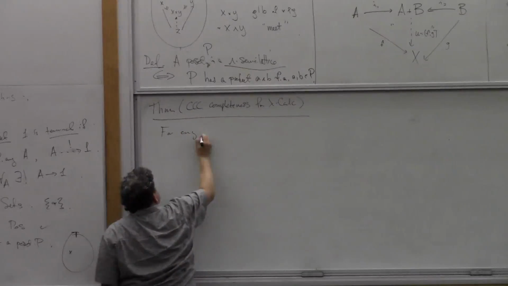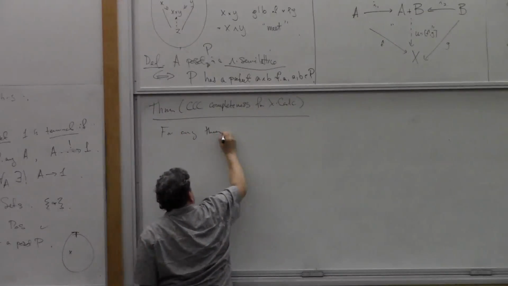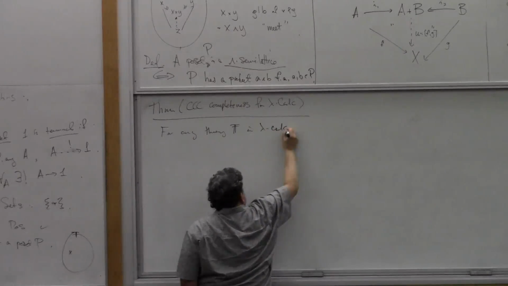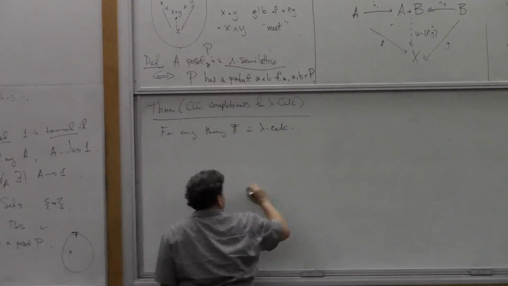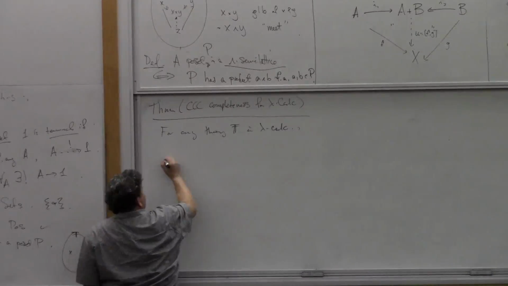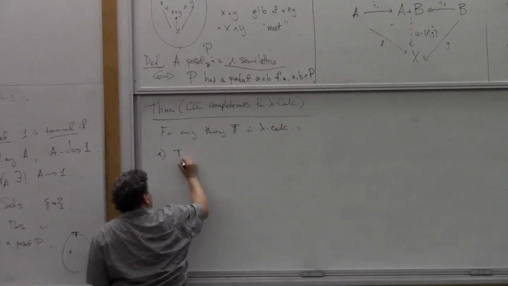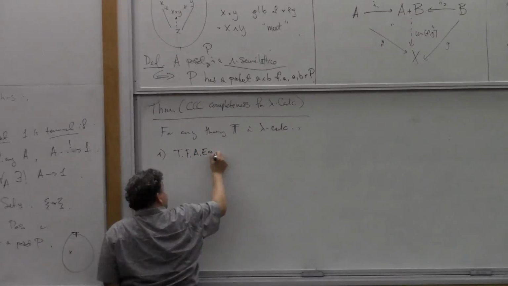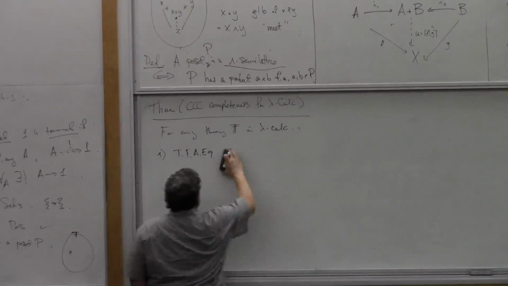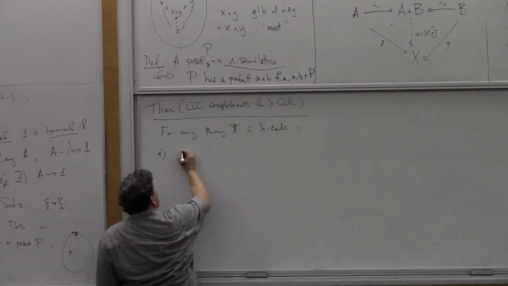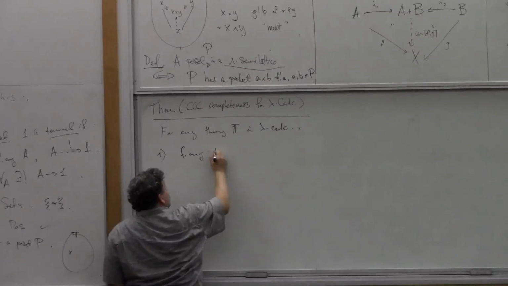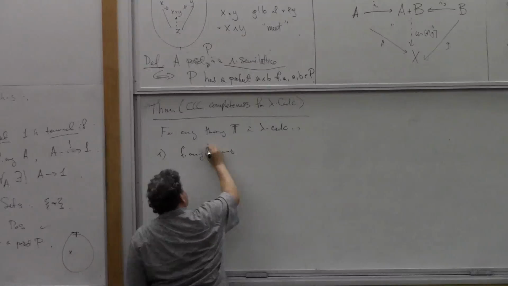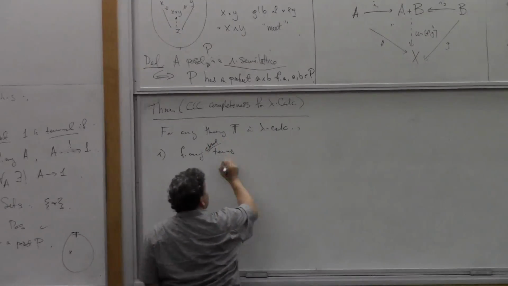For any theory T in the lambda calculus, the following are equivalent, or let me put it this way. For any closed terms, we can always close them up by changing the type.